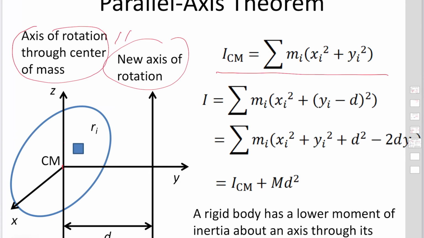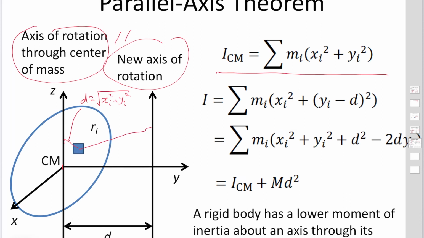So the distance from the axis of rotation is expressed as the square root of x sub i squared plus y sub i squared. Right? Then we would like to calculate the moment of inertia about the new axis.